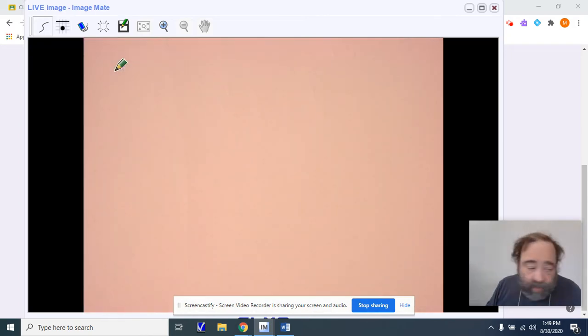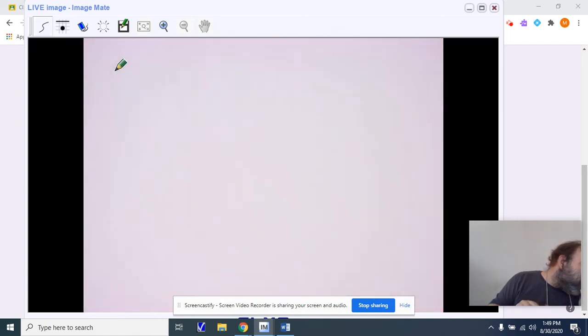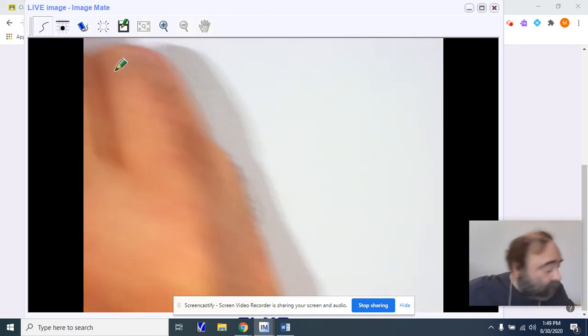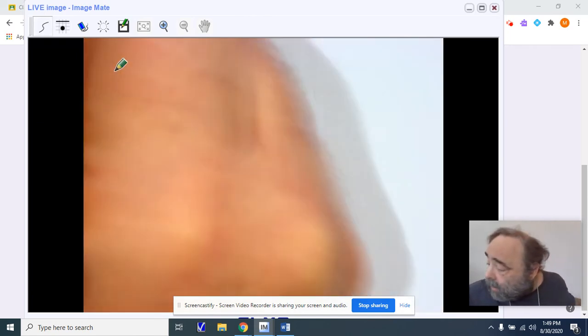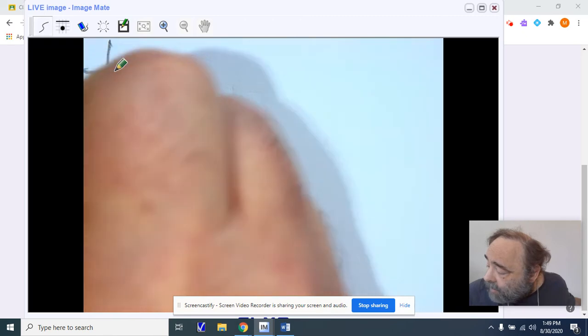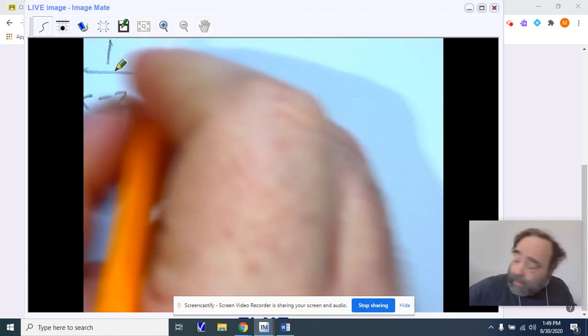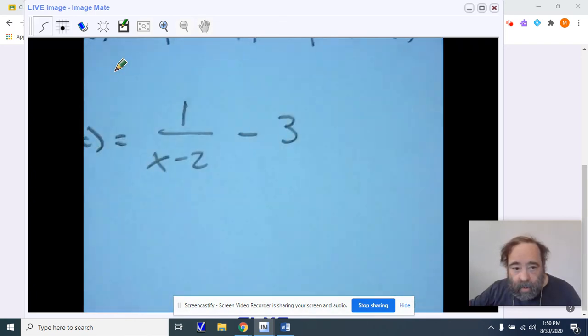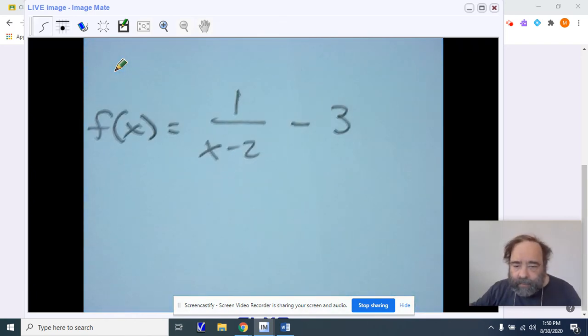Let's take a look at another one that is. This one is a one-to-one function, and this will be f of x equals 1 over x minus 2, minus 3. Put this into our calculator now.